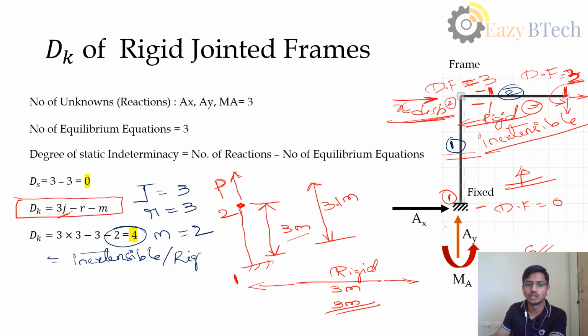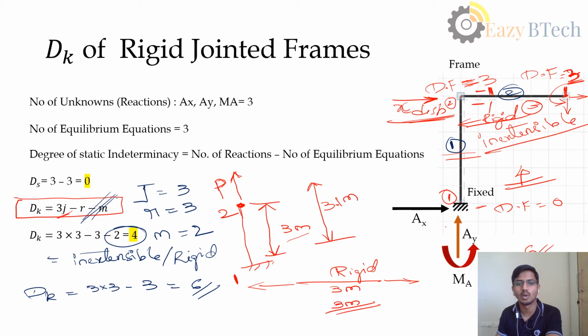If we assume it is extensible, there is a slight modification of this formula. We need to remove this m. When we remove that m, then Dk will be equal to 3 into 3 minus 3, which is 6. I hope you understood this.